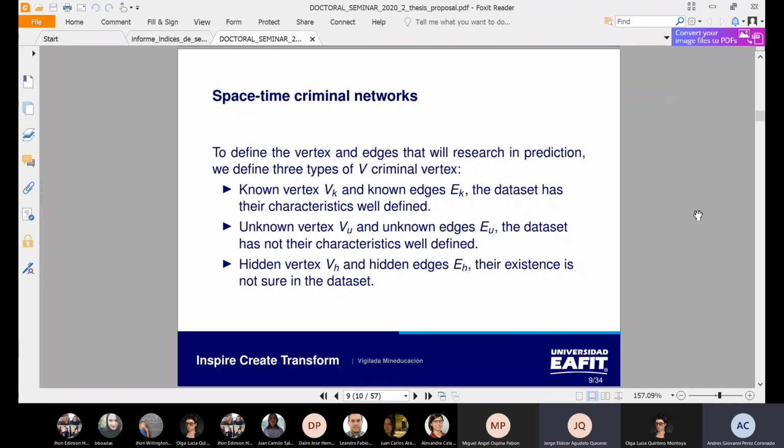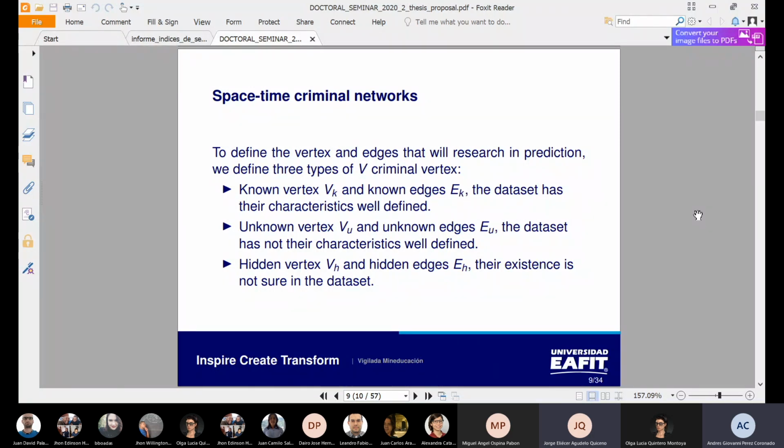We get the data set and we say, okay, we have some vertices and edges, and we can plot a graph and we can understand and measure what is happening inside the graph or the network. Second, we have already a vertex and edges that the data set has not well defined in their characteristics.